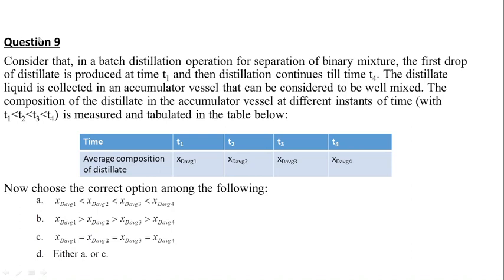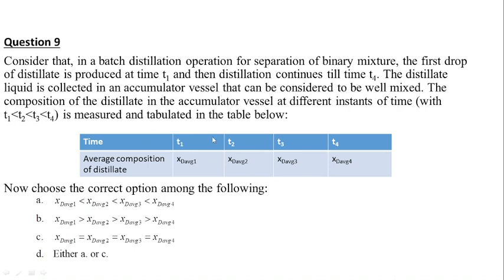Next one. Consider that in a batch distillation operation for separation of a binary mixture, the first drop of distillate is produced at time t1 and then distillation continues till time t4. The distillate liquid is collected in an accumulator vessel that can be considered to be well mixed. The composition of distillate in the accumulator vessel at different instants of time is measured and tabulated in the table below.